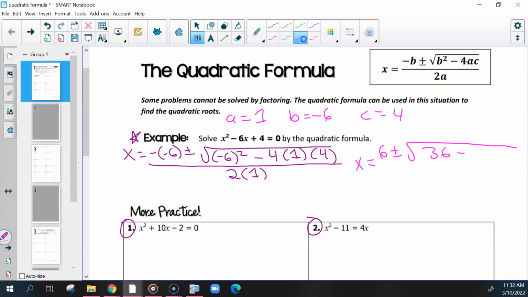So disregard the minus. 4 times 1 times 4 would be 16. And then 2 times 1 would be 2. Now we can simplify it some more. 36 minus 16 would give us 20.